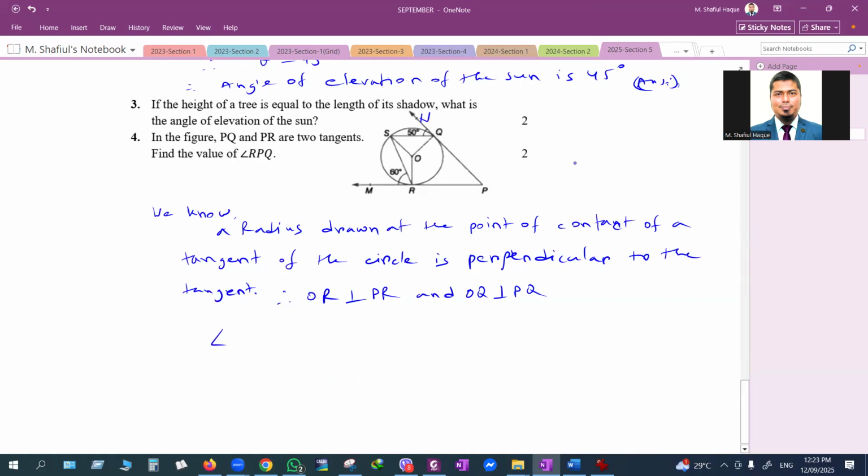So angle OQN is equal to SQN plus OQS. Therefore, OQS is equal to OQN minus SQN, that is 90 degree minus SQN which is 50 degree, that is 40 degree.